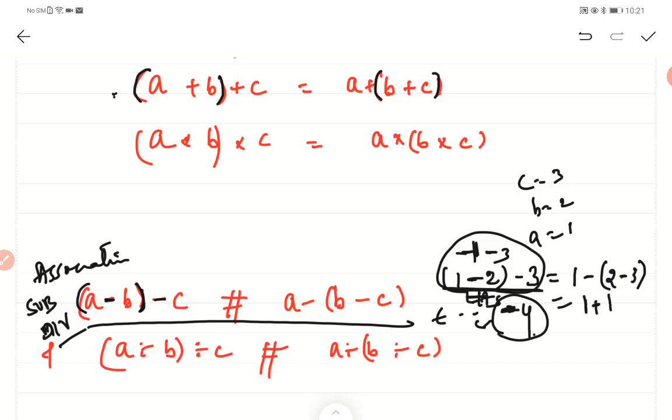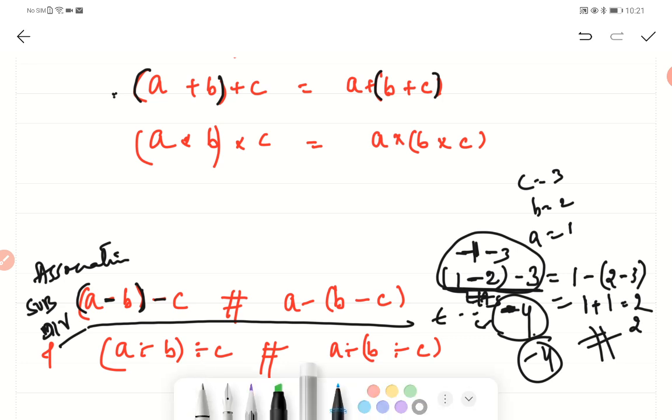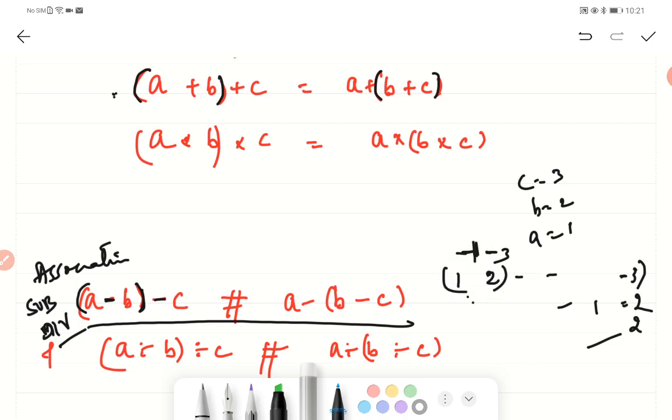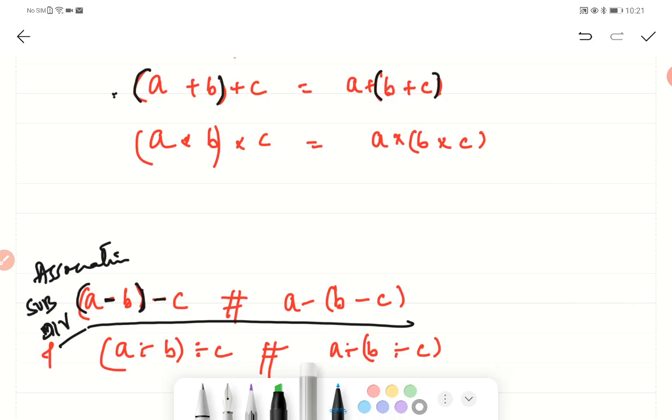Now this will become plus 1, and this is 2. So minus 4 you will get on the left hand side and on the right hand side 2. So this is not equal. So anyway, when you say associative property under subtraction and division for the whole numbers, it is not defined.